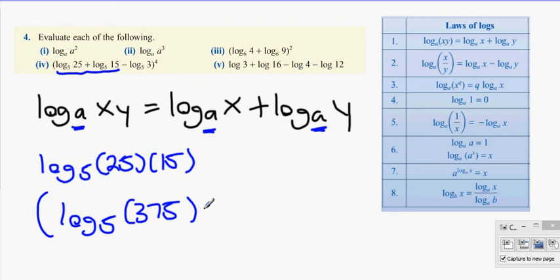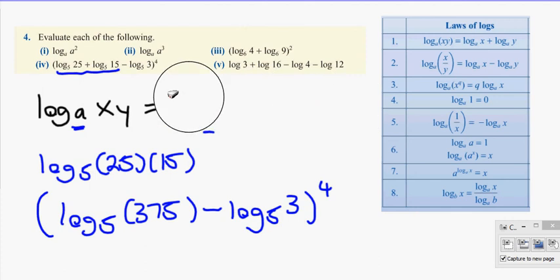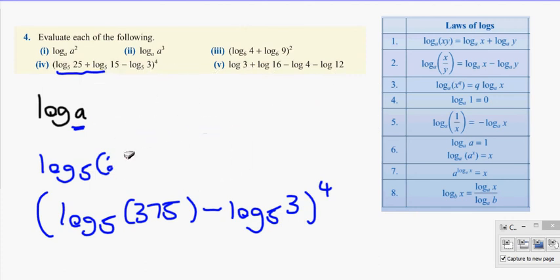Now, thus far, I've only taken care of this little part here. I still have minus log 5 to the base 3, and I still have a power to contend with on the outside. Now, let's deal with the minus rule. Instead of adding them, you divide them. 375 divided by 3. That's exactly what we're doing.